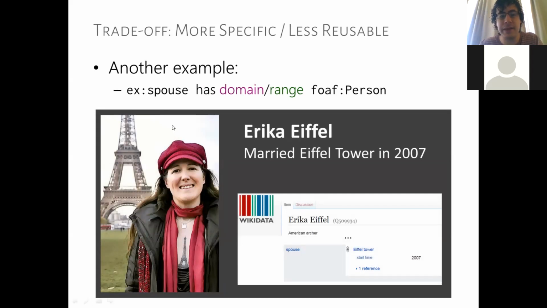So if we define that spouse has domain and range person, then essentially we can't really use that property for this sort of relation here, because we would infer that the Eiffel Tower is a person. So when we deal with the real world, there are often or almost always exceptional cases to our definitions. So we need to consider this trade-off between being more specific and less reusable, particularly on the web.